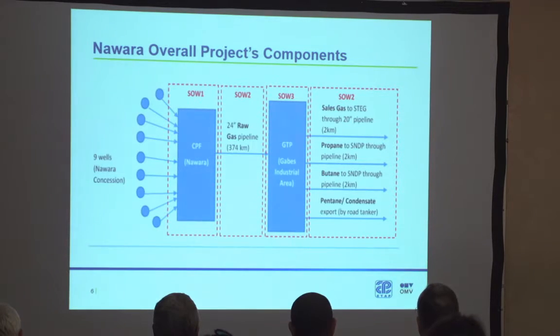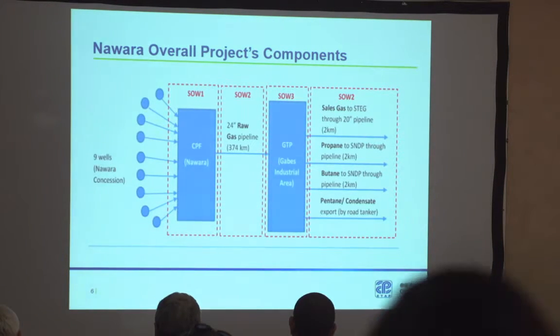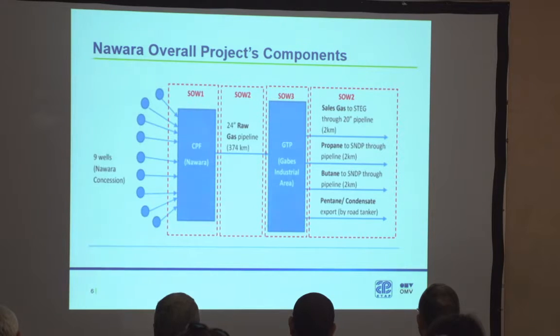So the CPF, which is located near Nawara well, this plant is for the treatment of the gas and condensate before the export to Tatawin plant and Gebis for the final treatment of the gas, and to Trabza for the condensate production. So I will focus on the first section, which is the well sites, the flow lines, and the central processing facility.